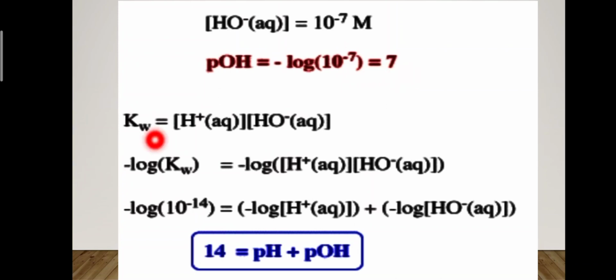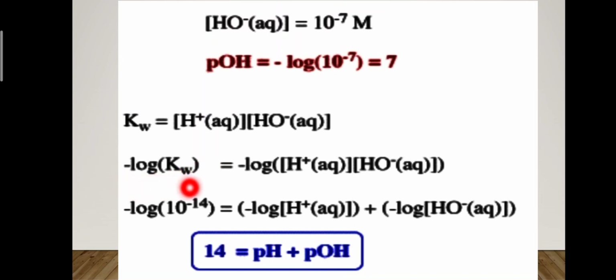So, Kw is equal to the molar concentration of H positive and the molar concentration of OH negative. Kw is the product of the molar concentration of H positive and the molar concentration of OH negative.